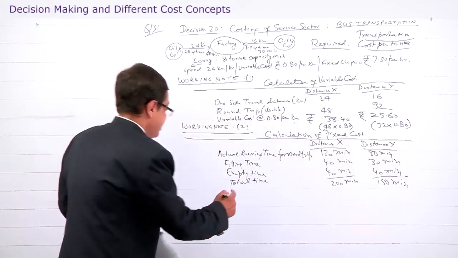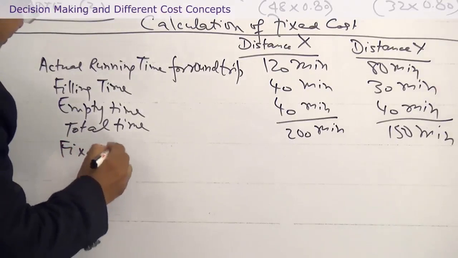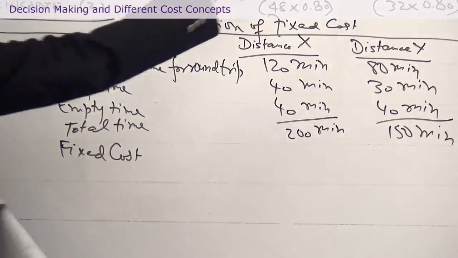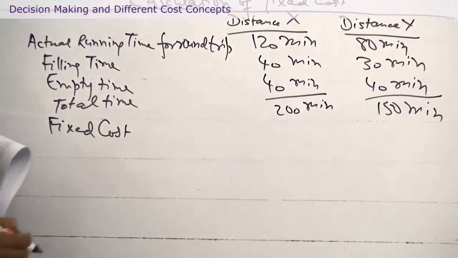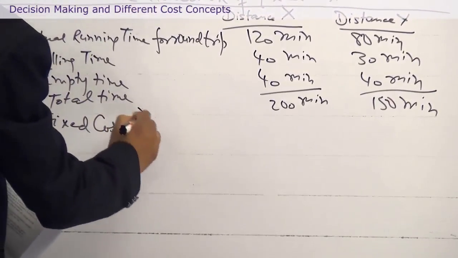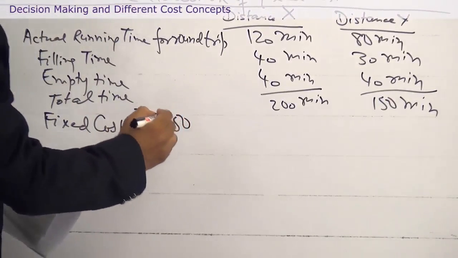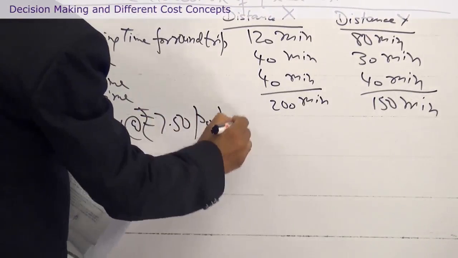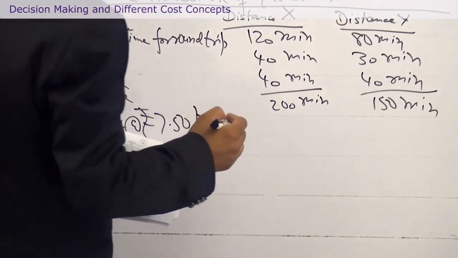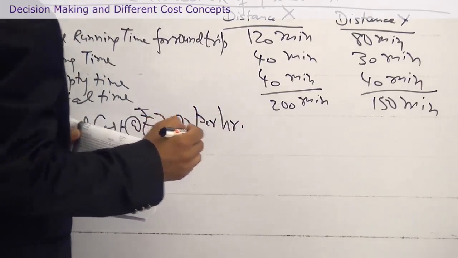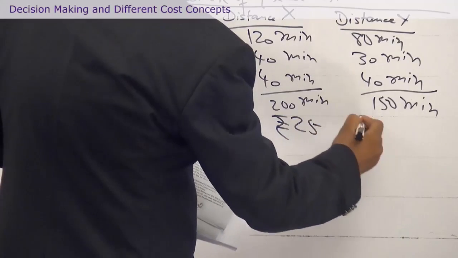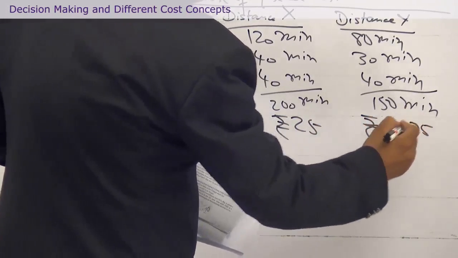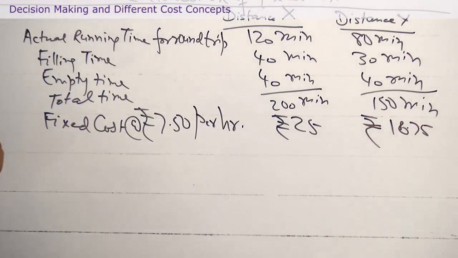Now, fixed cost has been given as rupees 7.50 per hour. So, fixed cost at the rate of rupees 7.50 per hour is going to work out to rupees 25 and rupees 18.75.